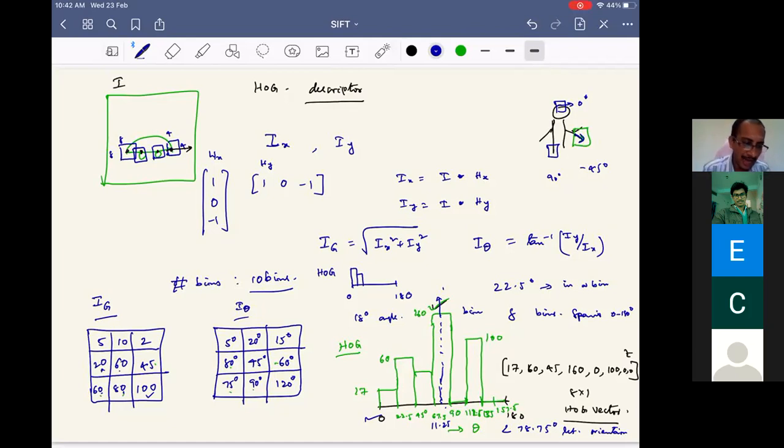If there is an object with weak edges here and there, many of those weak edges, where there is no edge, I consider as 0 degrees. But the strength of the edge there is all 0. So if I construct a HOG for the whole image as well, I don't see that 0 degrees is the dominant orientation.